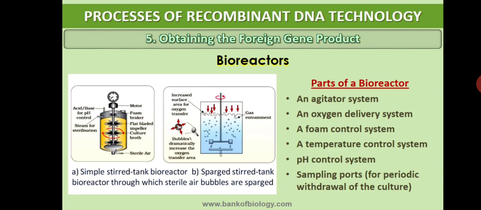In the laboratory, in the synthetic medium, even in a petri dish, it is possible to culture the transformed bacterial cell, and that transformed bacterial cell in the synthetic medium in a laboratory in vitro condition can multiply itself. By that it is possible to get multiple copies of the desired gene.